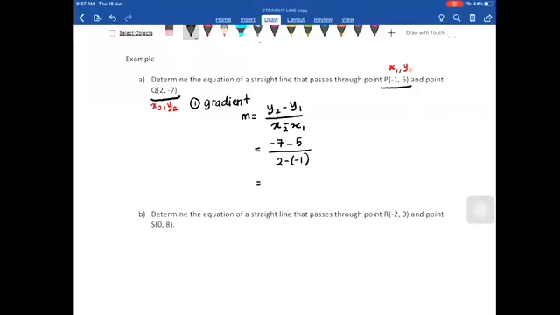So it becomes negative 12 over 3, which is negative 4. So gradient done. So my equation will be y equals to negative 4x plus c.